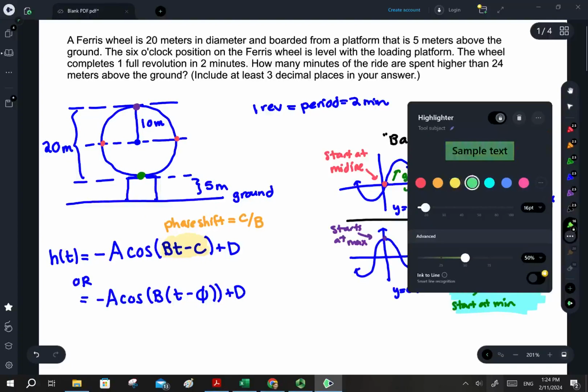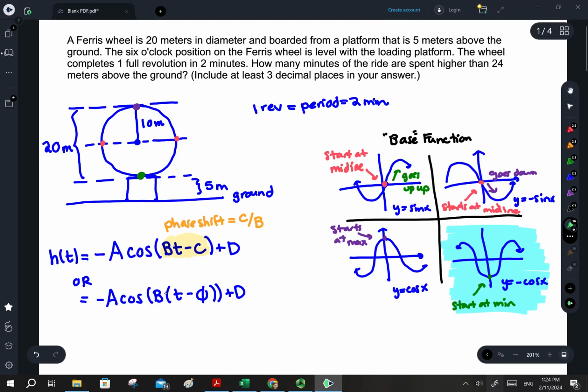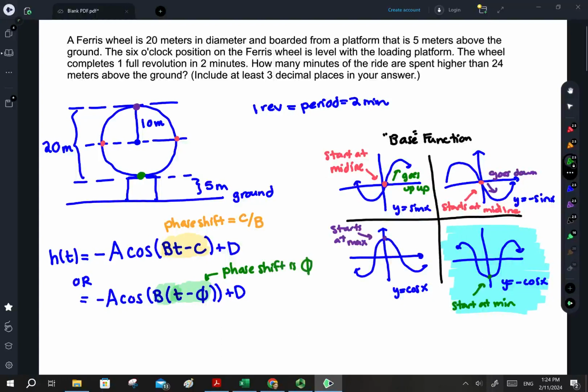In contrast, the second option where I have b times parentheses t minus phi, so essentially the b has already been factored out, the phase shift is phi. This goes back to how transformations of functions work, but one way you could convince yourself that these really are equivalent is if you took the bt minus c form without parentheses and you factored out the b to make it look like the second option.